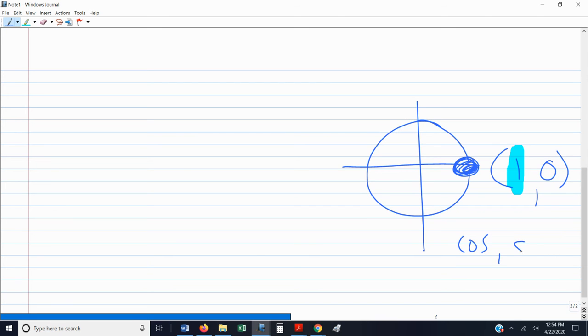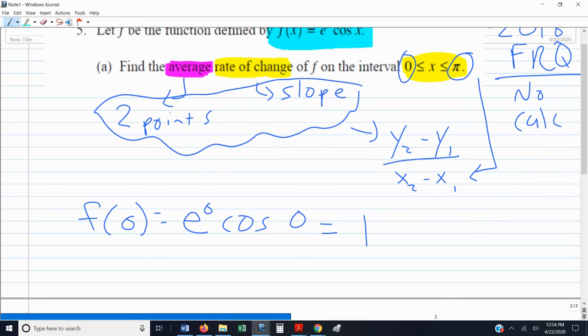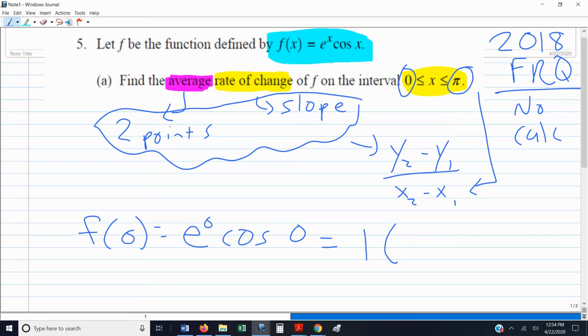It's alphabetical order. Cosine is first in the alphabet, then sine. So cosine is the 1. So at 0 radians, the cosine is 1. So cosine of 0 is 1. 1 times 1 is 1. And then I'm going to also just write that as a nice ordered pair right here. So when x is equal to 0, the y value or the output is 1.